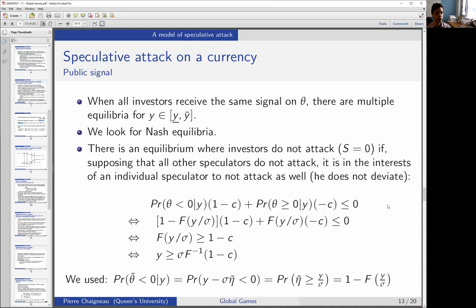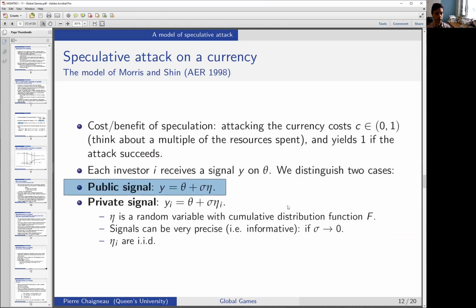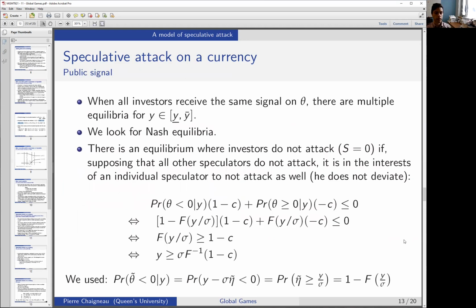Okay, let's start with the case of a public signal. Unsurprisingly, when all investors receive the same signal, we're going to see that there are multiple equilibria, meaning that for a given realization of the signal Y, often there are going to be different outcomes.